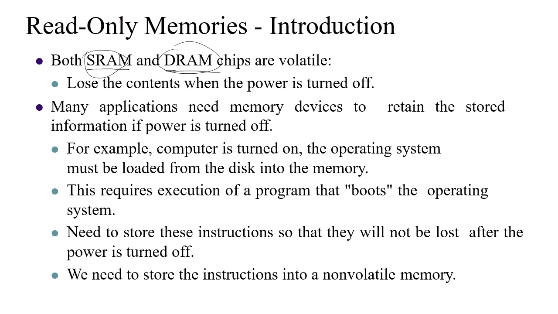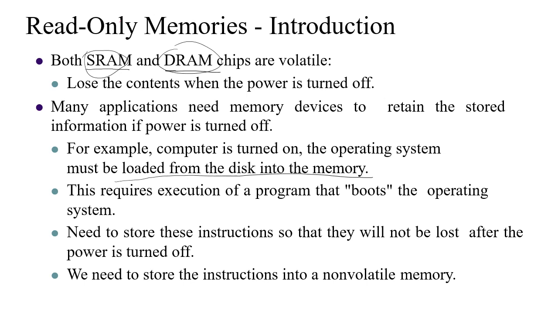For example, when the computer is turned on, the operating system must be loaded from the disk into the memory. This requires the execution of the program that boots the operating system. So in any embedded system or computer system, the programs are already loaded into the memory.